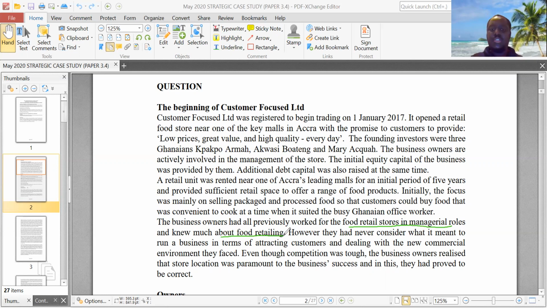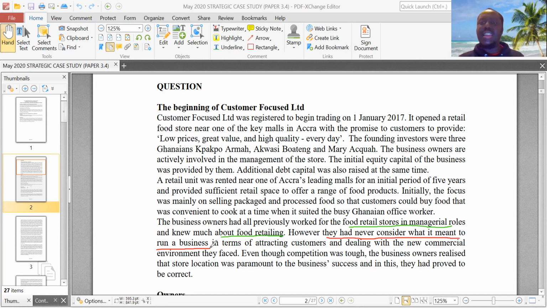That's a different issue. The next sentence says, however, they had never considered what it meant to run a business. So we are told here that they never considered what it meant to run a business. So that is a weakness.